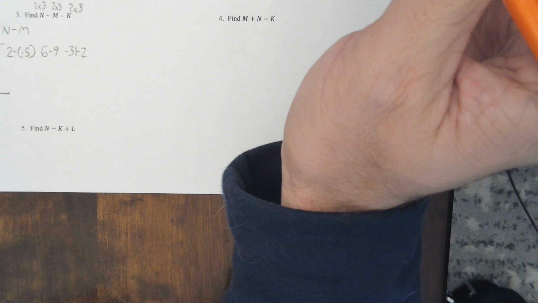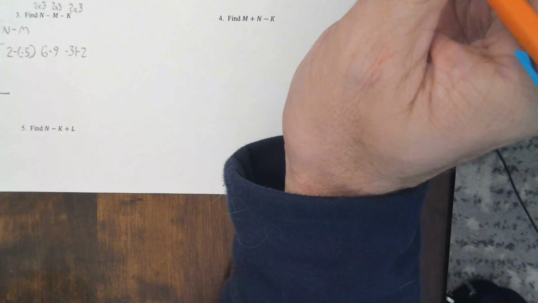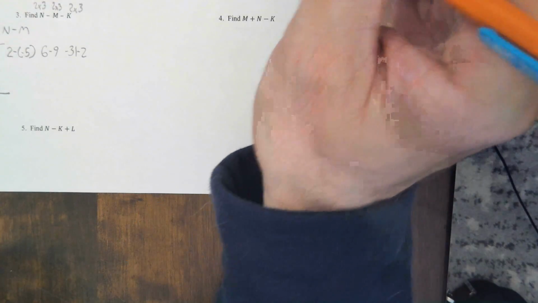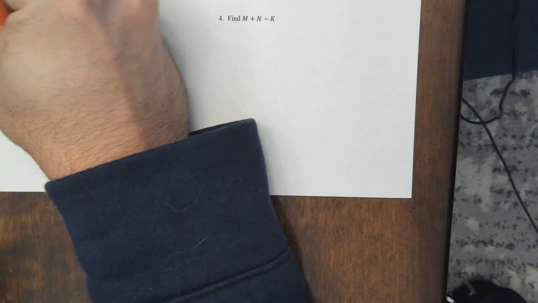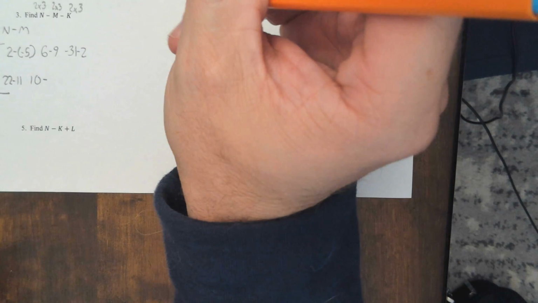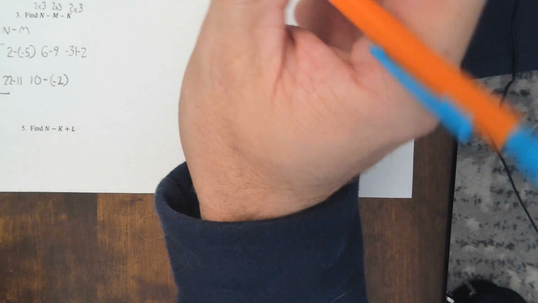Negative 31 minus 2. 22 minus 11. 10 minus a negative 1. And then 0 minus 3.